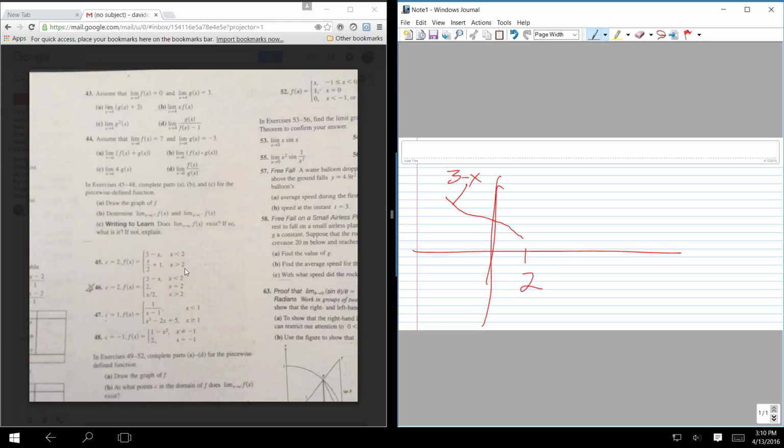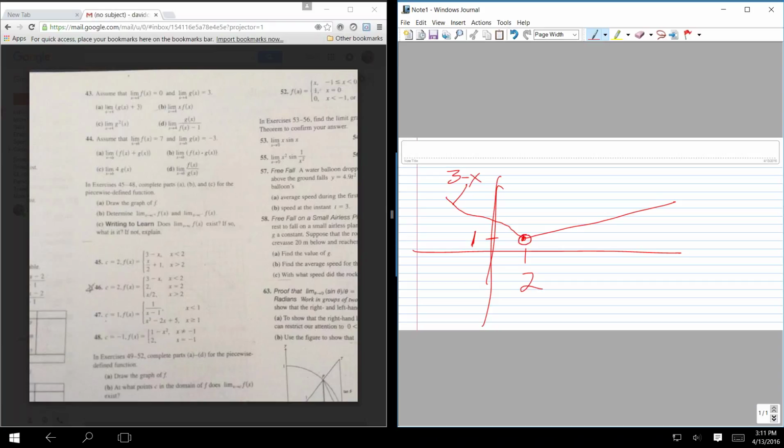And at precisely, it's 1/2 x, but it's going to go through, let's see, when x is 2, it would be 1. So it's the same point as a slope of 1/2.